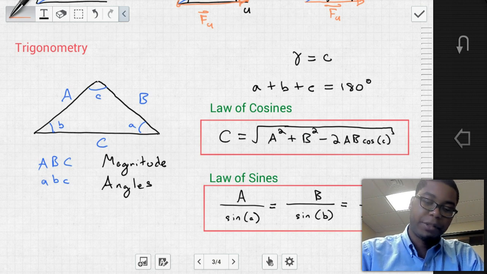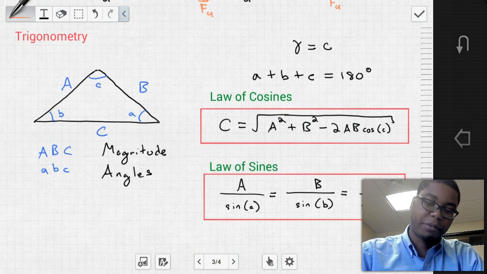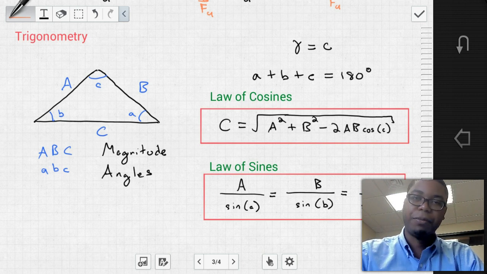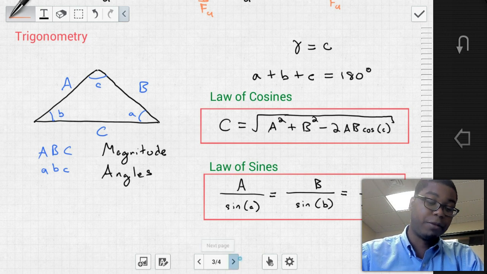The law of sines is the magnitude a divided by sine of the angle a is equal to the magnitude of b divided by the sine of angle b, which is equal to the magnitude c divided by the sine of c. And these two relationships are quite useful relationships that you'll see repeated throughout the semester.